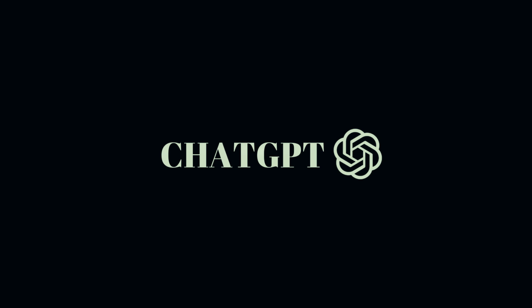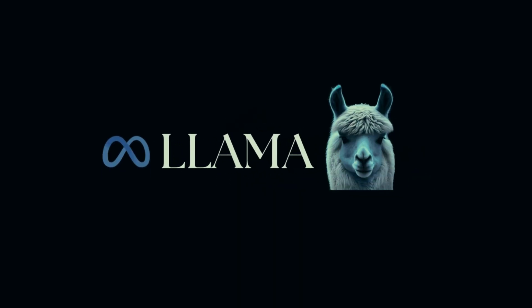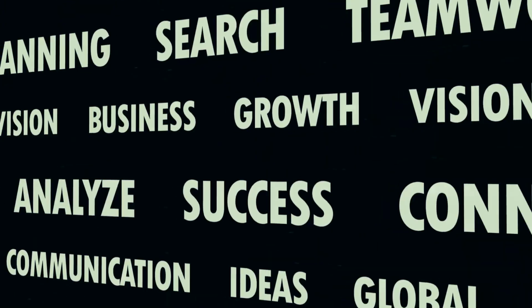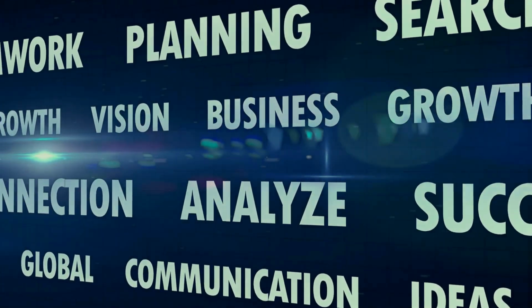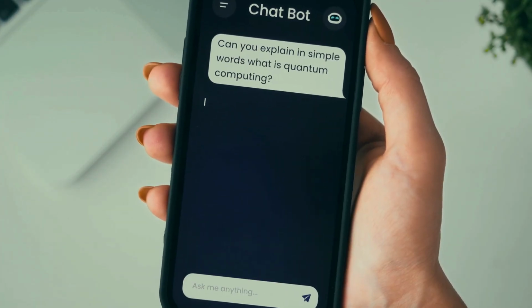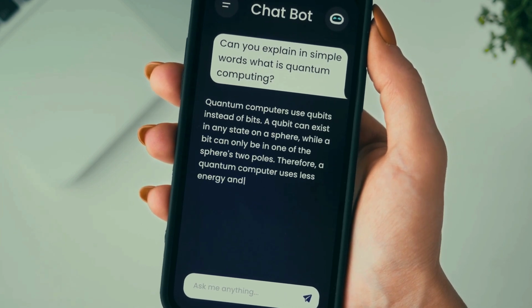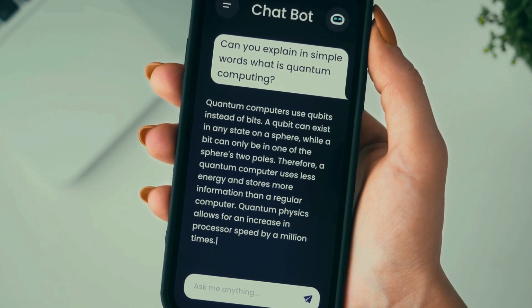For example, models like ChatGPT by OpenAI, BERT by Google, or LLaMA by Meta have been trained on billions of sentences from books, websites, and more. The result: they can predict the next word in a sentence or generate an entire paragraph that feels like it was written by a human, but it was not.